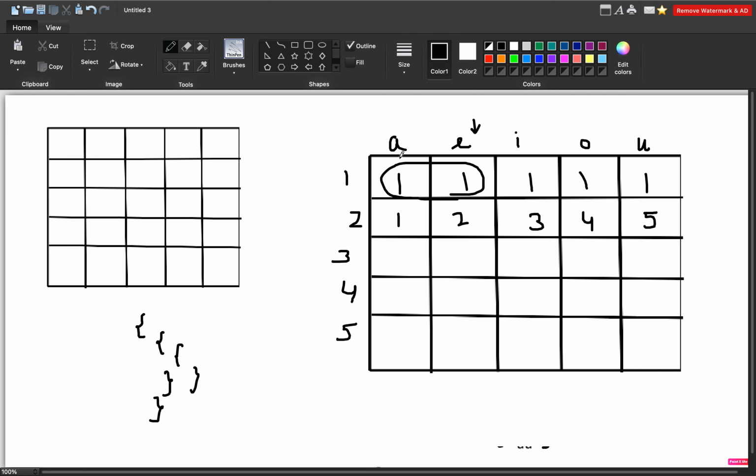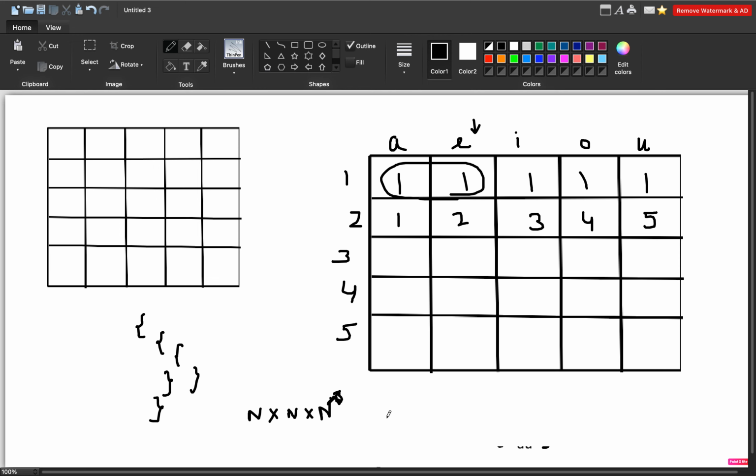So its complexity will also be O of n. So basically it will be n cross n cross n, which will be n cube. In total it will be n cube.